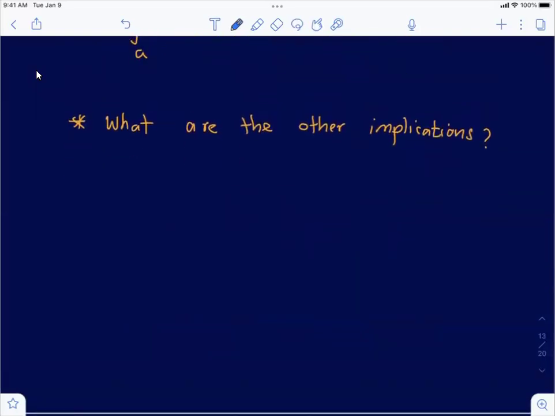other implications, one other meaningful question that you can ask is this. What if I have the integral of a function first, and then I take the derivative of whatever that answer is? What would it give us?